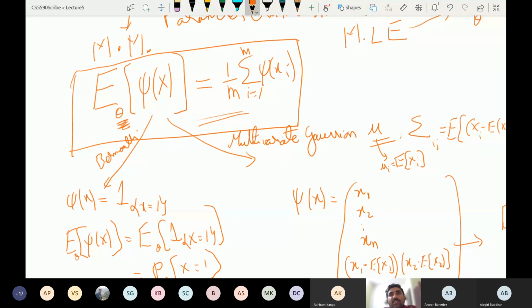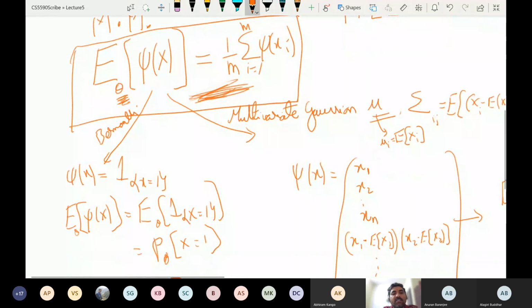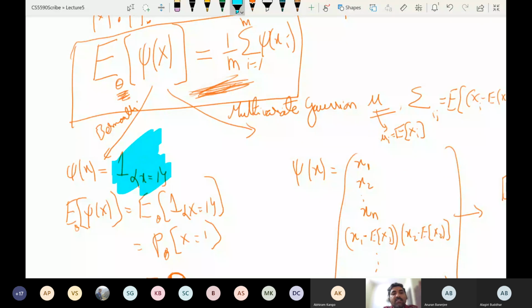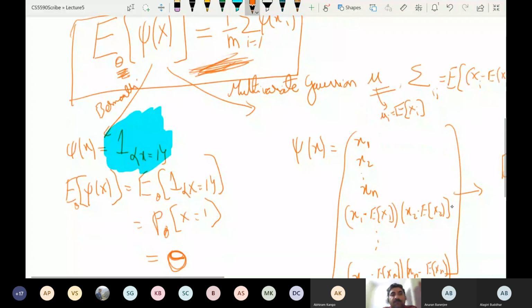Will you use x or x square or some other function, so that depends on the distribution. For Bernoulli, you would use this blue highlighted function, not x, not x square, right? Why? Because when you use this funny function, you will retrieve the parameter directly, right? Expectation of this will simply be the probability of heads.